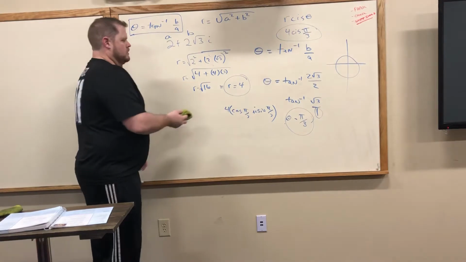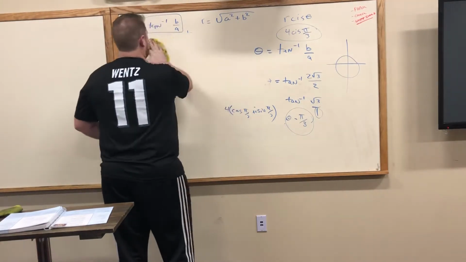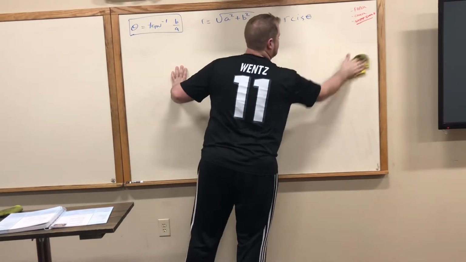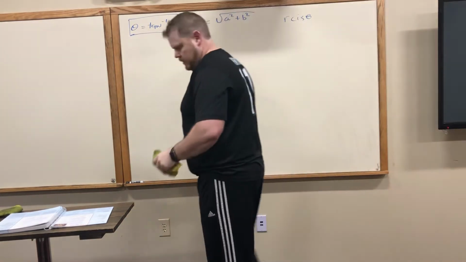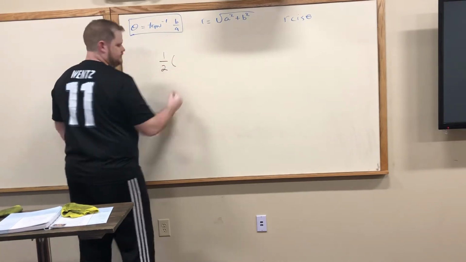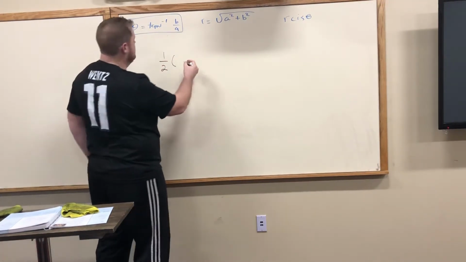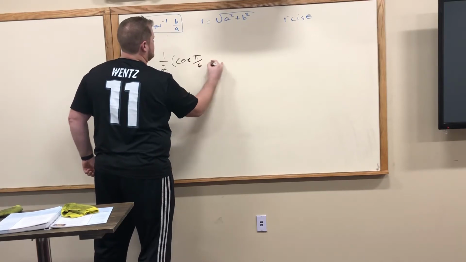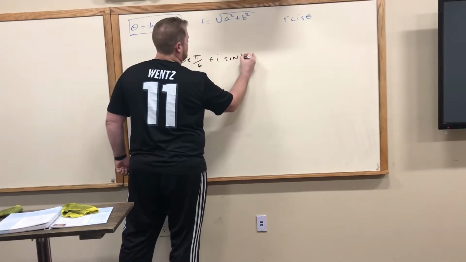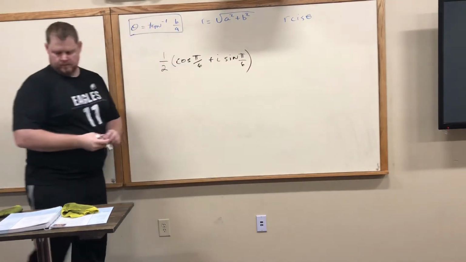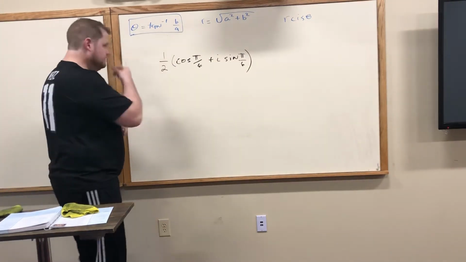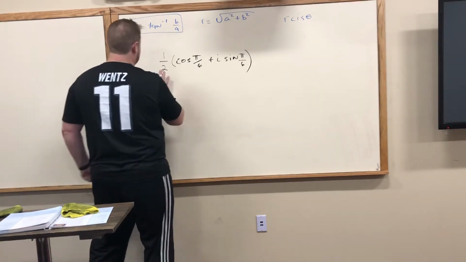All right? I'm going to erase. I'll leave up. All right, next. Our next question is, if I want to change 1/2 cosine pi over 6 plus i sine pi over 6, okay, so first off, if I want to change this back to rectangular form, so I'm going the opposite direction, how would I go about this?